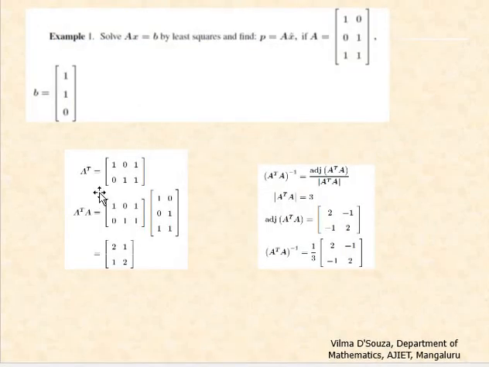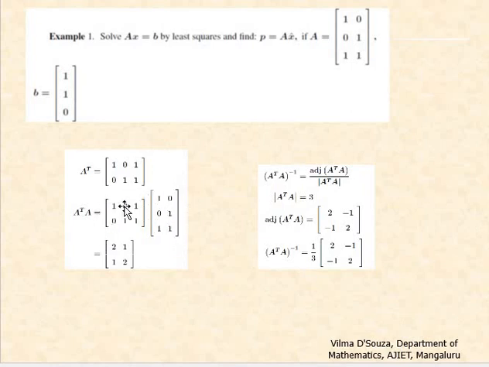So first find what is A transpose. That is 1 0 1 0 1 1, the transpose by interchanging rows and columns. What is A transpose A? A transpose into A, that is the matrix 1 0 1 0 1 1 into the matrix 1 0 0 1 1 1.